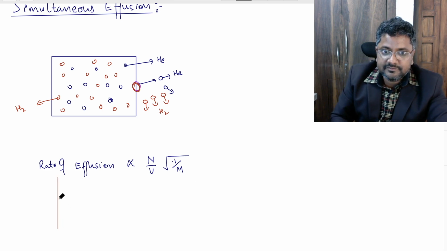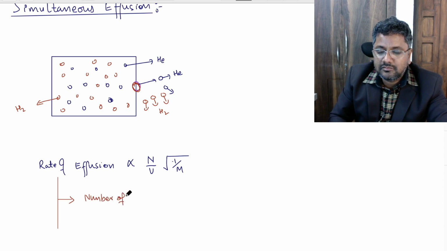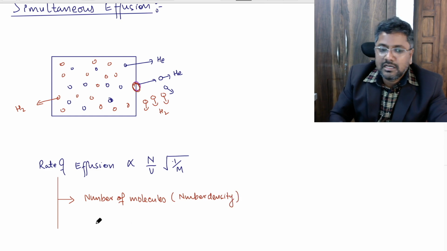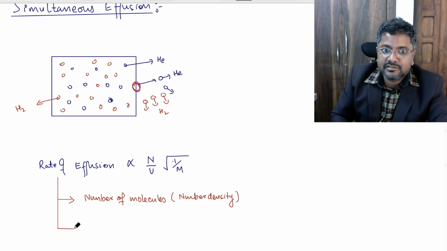First is the number of molecules, basically number density, you can say, and the second factor is molar mass.